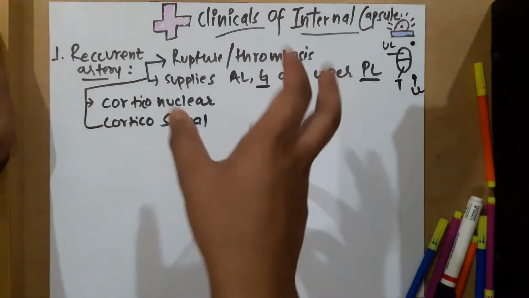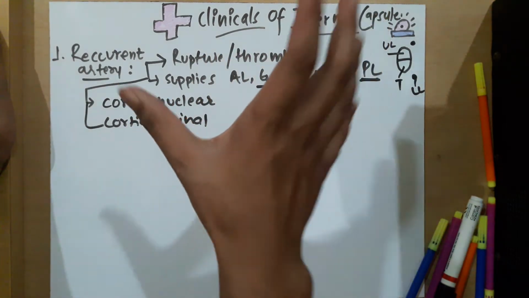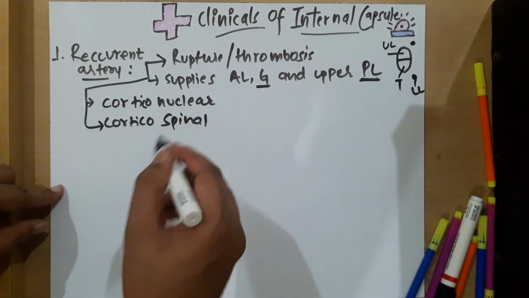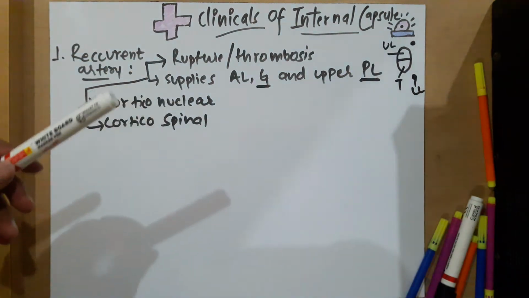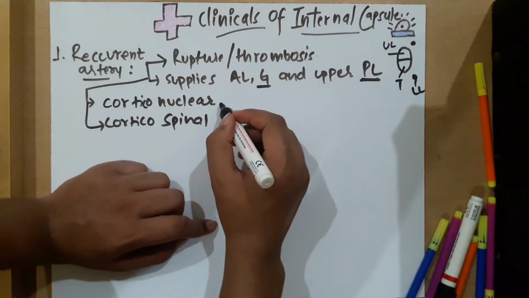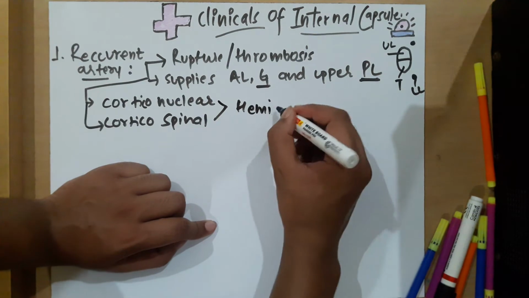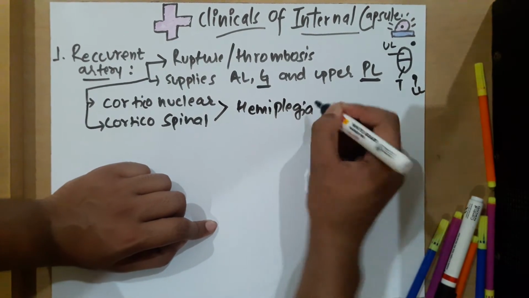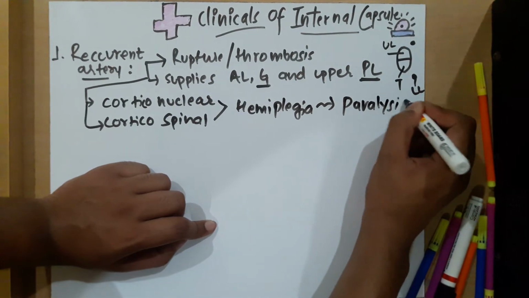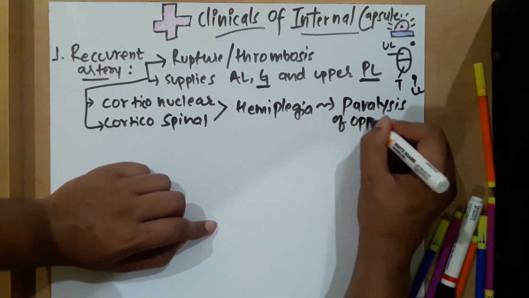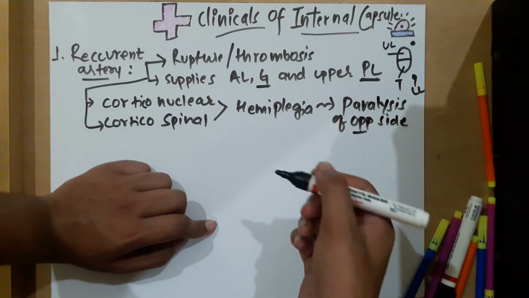So rupture or thrombosis in the recurrent artery will halt the blood supply to these fibers and cause damage to them. Damage to these fibers may lead to hemiplegia, that is paralysis of the opposite side. Which parts?